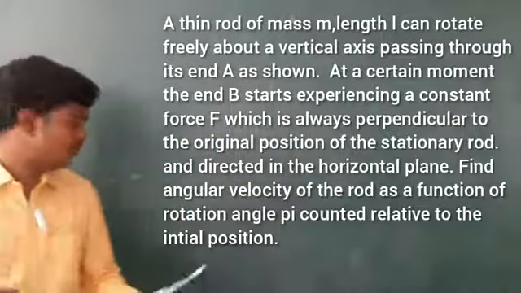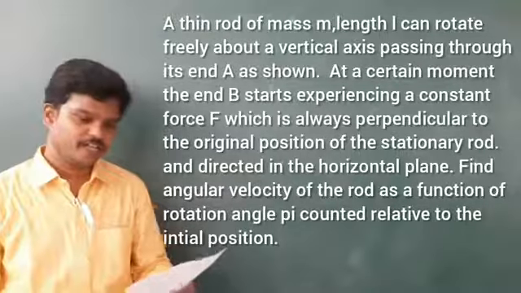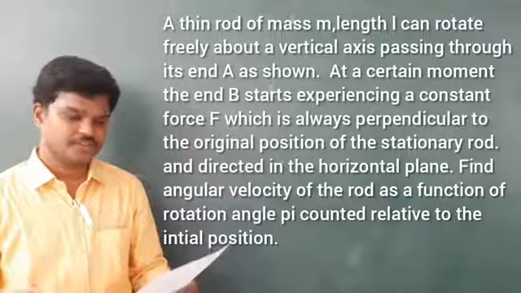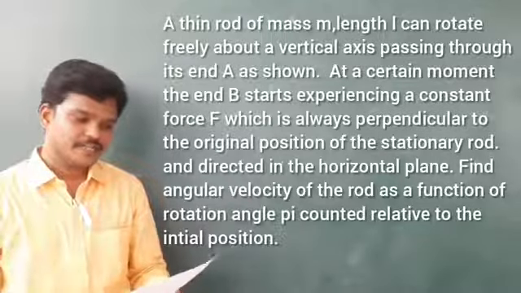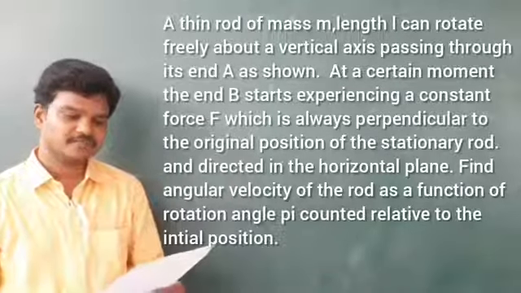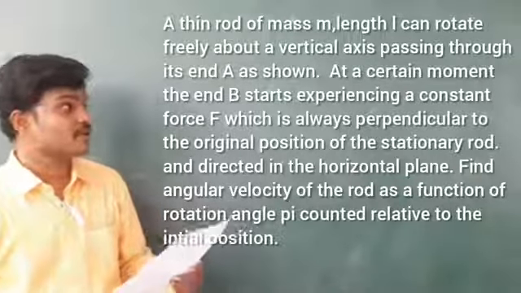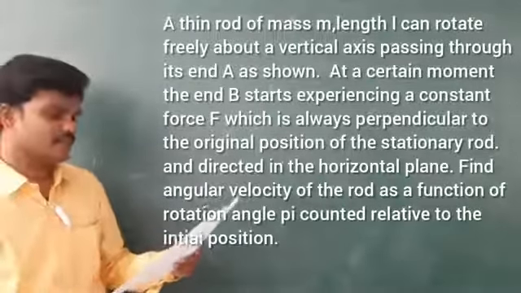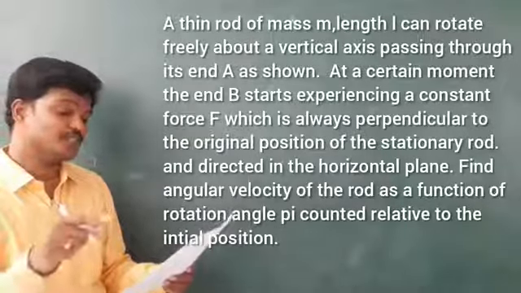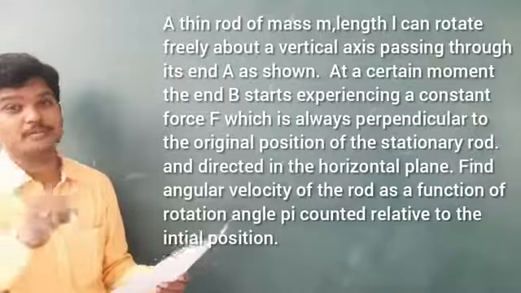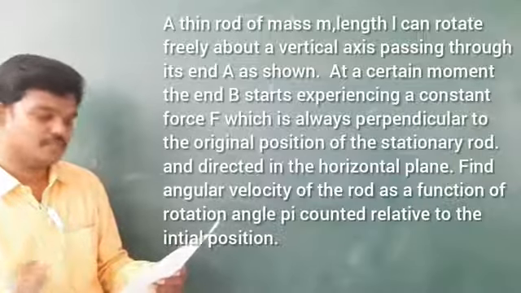See the data for the next problem. A thin rod of mass m, length L, can rotate freely about a vertical fixed axis passing through its end A, as shown in the figure. At a certain moment, not initially, the end B starts experiencing a constant force F, which is always perpendicular to the original position of the stationary rod and directed in the horizontal plane.